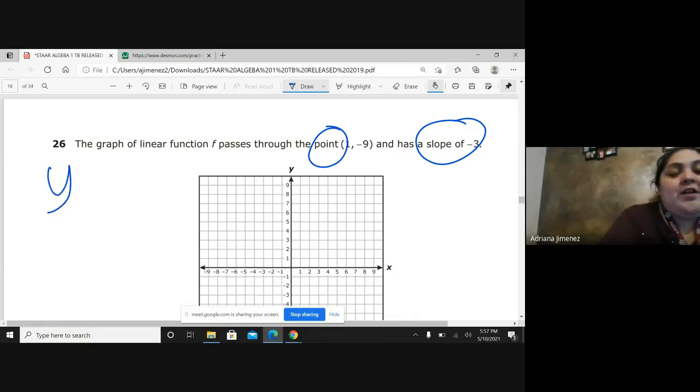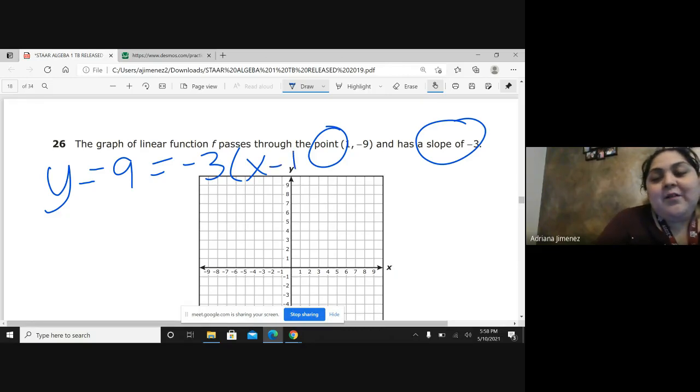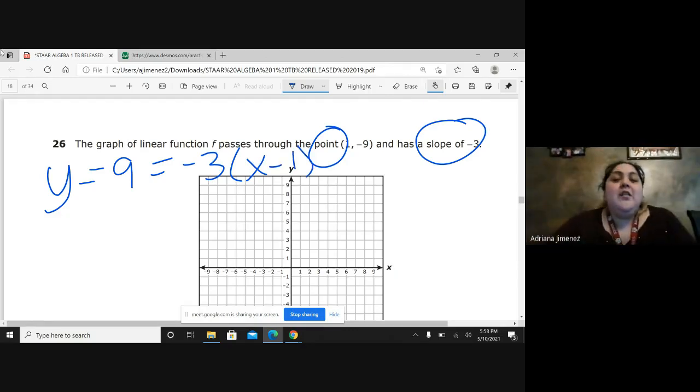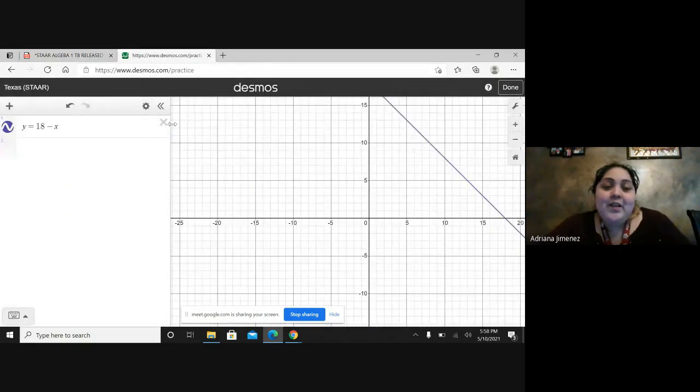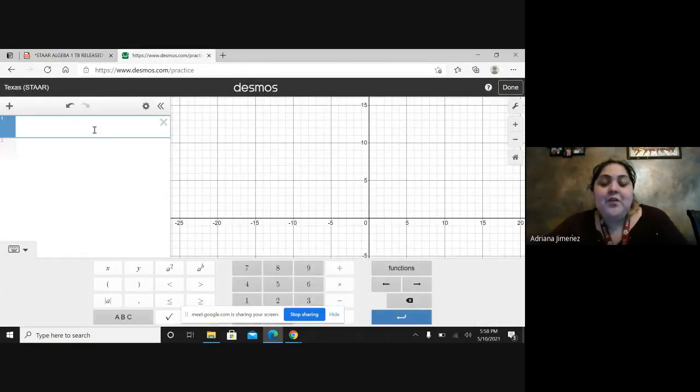So I do y minus negative 9 equals negative 3x minus 1. I try to type it in exactly the way it looks, and we'll see if we get an exclamation point or not. Negative 9 equals negative 3x minus 1.